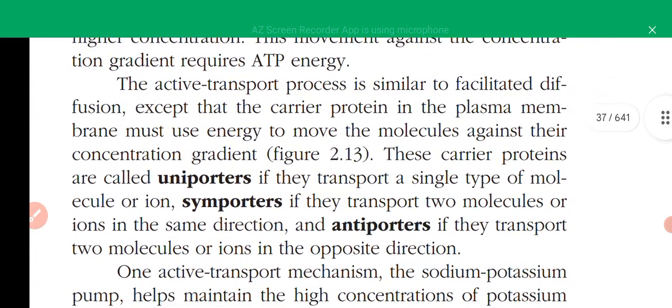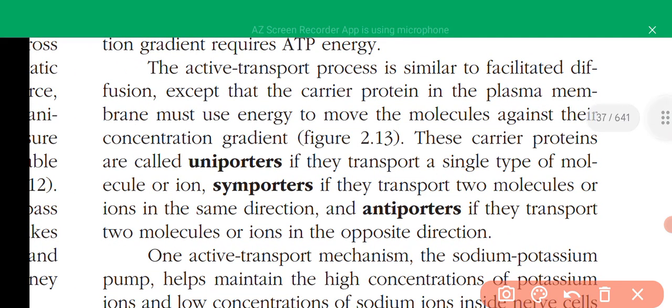There may be uniport: if a single molecule moves against the concentration gradient, it is uniport. Then symport: if two molecules move in the same direction, it is called symport. And antiport: if they transport two molecules in opposite directions, like one moving inside and the other moving outside of the cell, it will be antiport movement.